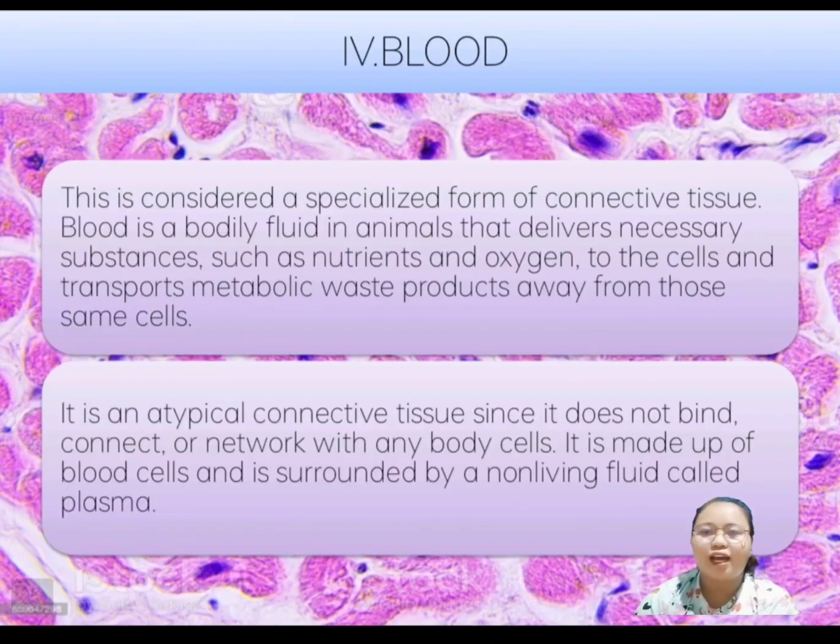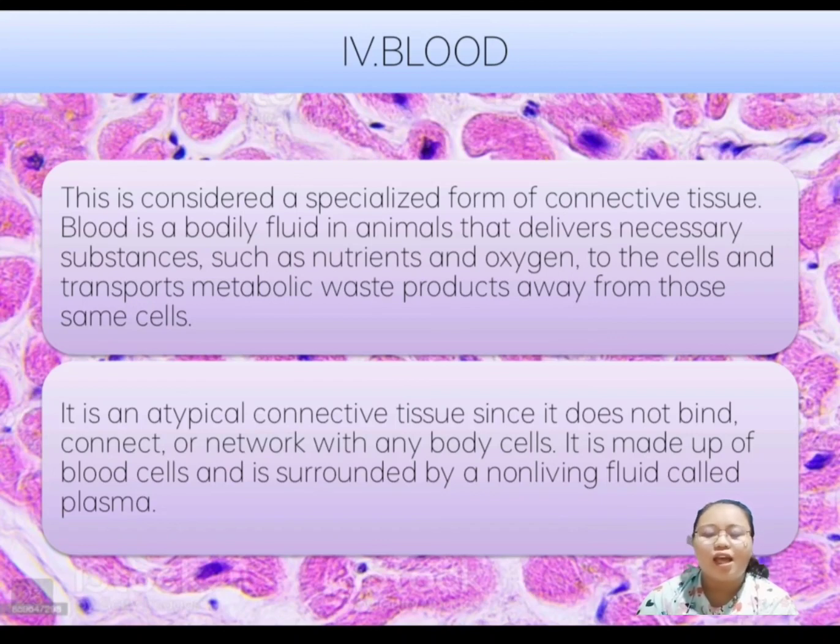So the fourth category of connective tissue is blood. And this is considered a specialized form of connective tissue. Blood is a bodily fluid in animals that delivers necessary substances, such as nutrients and oxygen, to the cells and transports metabolic waste products away from those cells.